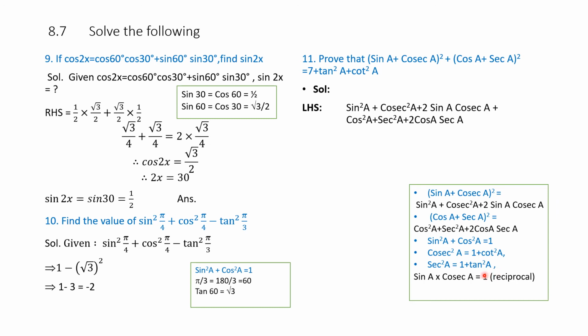Similarly, sin A into cosecant A: reciprocal of sin A is cosecant A. Therefore, this is 1 by sin A into sin A, which gets cancelled. Similarly, reciprocal of cos A is secant A. Therefore, 1 over cos A into cos A gets cancelled and the value 2 remains.